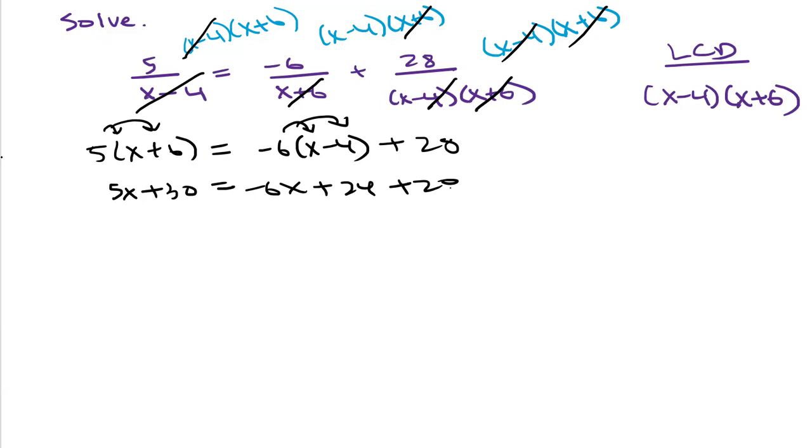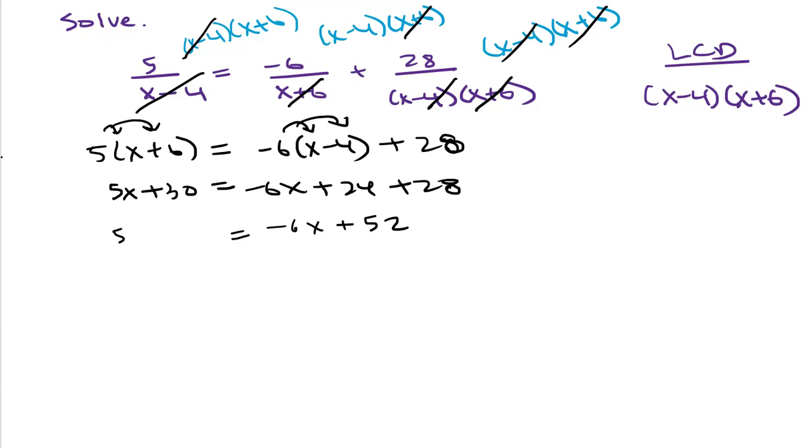Sorry, that's the 28 right there, not 20, 28. And then I combine my like terms. So 24 and 28: we got minus 6x plus 52 on the right side, right? 24 plus 28 gives me 52.